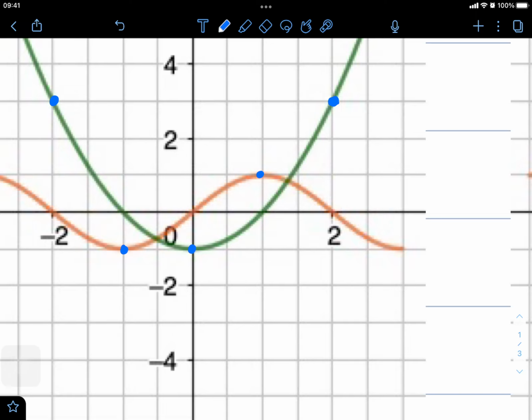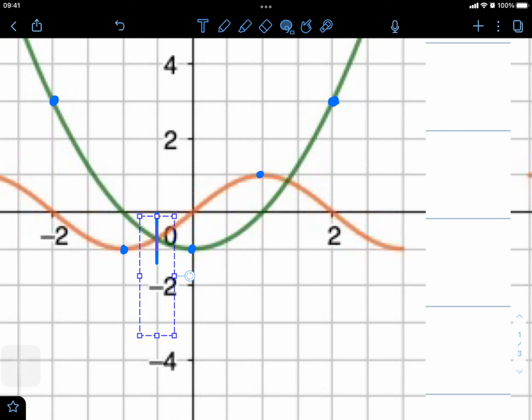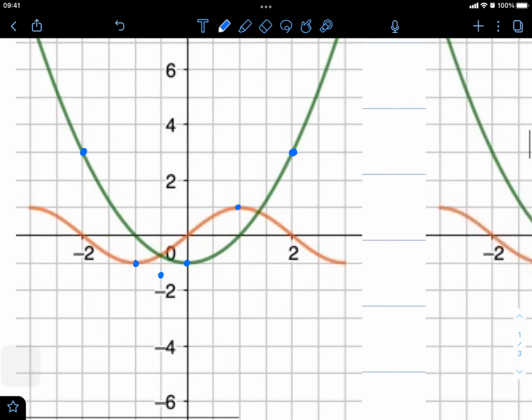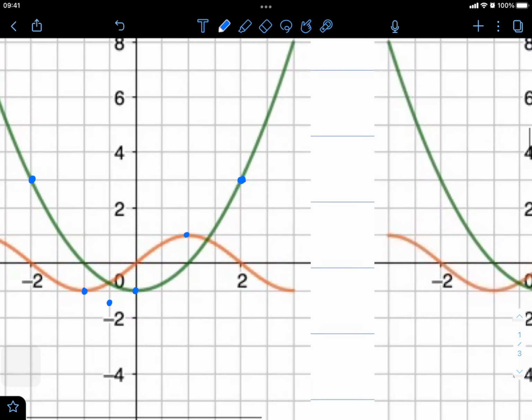Where it intersects, we take that height and we double it. That point is where this is going to be moved. Likewise for this one, this point here, they intersect. Let's find that height.